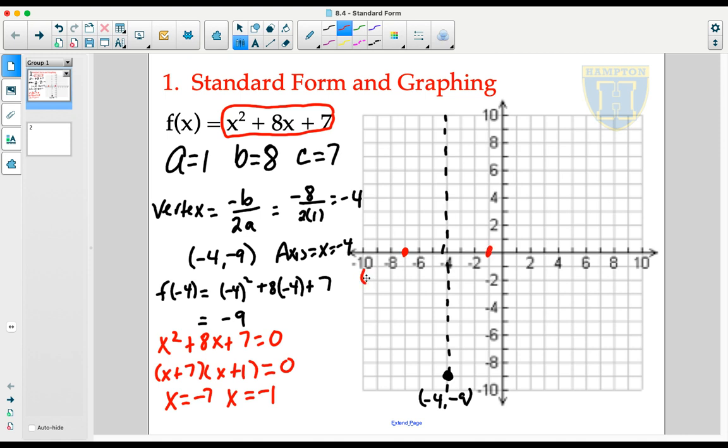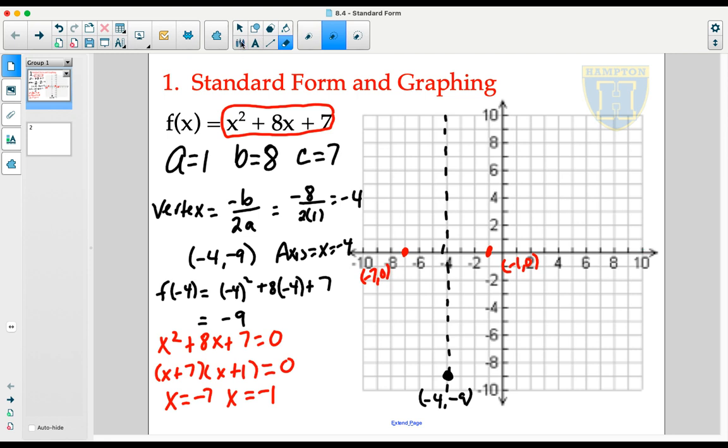Negative 7 is still 3 units away from the axis of symmetry, and so is negative 1. So it's not as if we got the axis of symmetry in a particular place and then the roots were somewhere else, like way over here. Those roots are actually a nice confirmation of the axis of symmetry because we know that the axis of symmetry needs to be halfway between them.